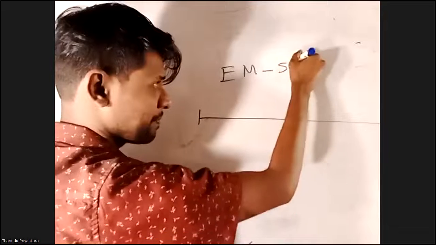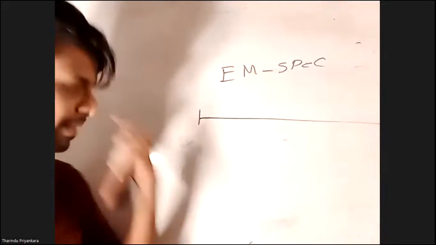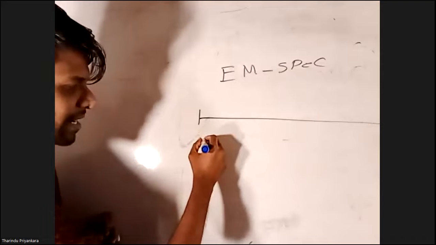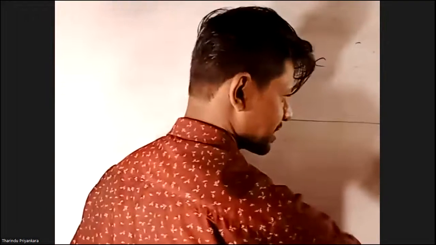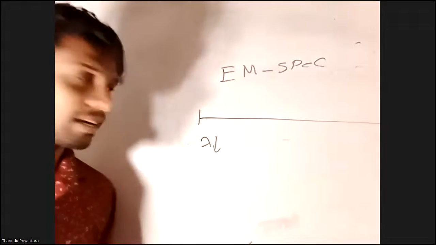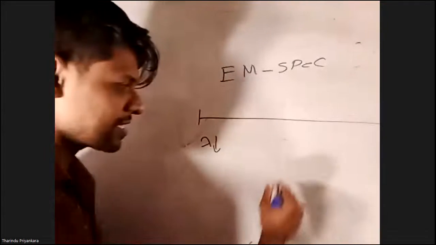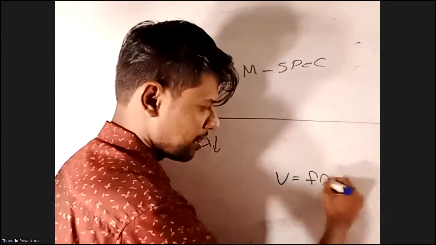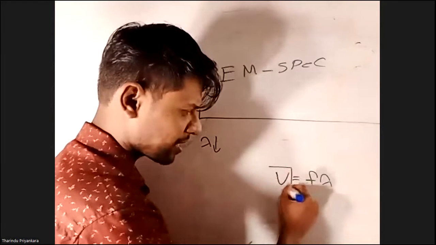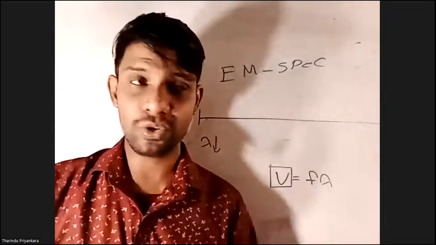In the electromagnetic spectrum, the left-hand side has the lower wavelength, while the right-hand side has the higher wavelength. According to the equation v = fλ, v is a constant, because the speed of light is constant throughout the universe.